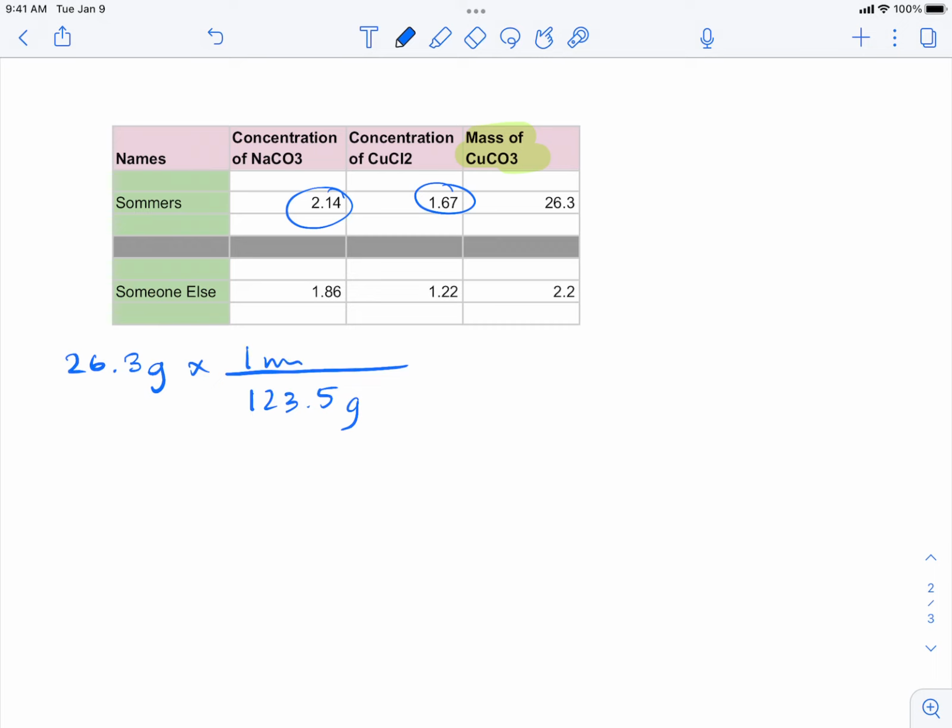Then this is 1 mole here, and then the mole ratio from the balanced reaction. A better teacher would have already written the balanced reaction, but we have sodium carbonate plus copper(II) chloride, and it's going to make copper carbonate, which we want. It's also going to make some sodium chloride, which we don't want.